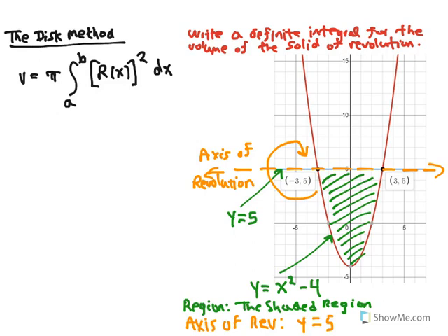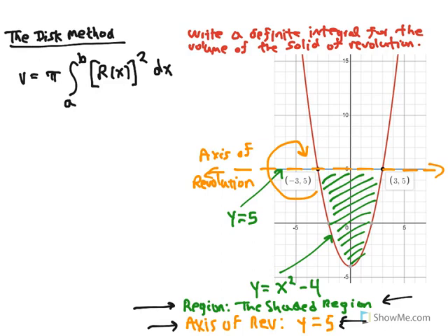For our second example, we'd like to write a definite integral for the volume of the solid of revolution obtained by taking the shaded region, the green shaded region, and revolving it about the axis of revolution, y is equal to 5. So a couple of observations about the shaded region.